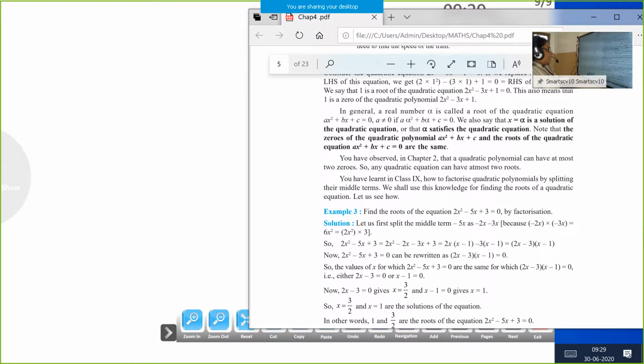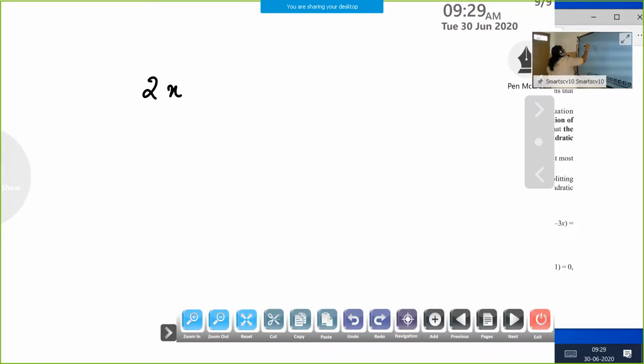Write Example 3. Find the root of the equation 2x² − 5x + 3 = 0.